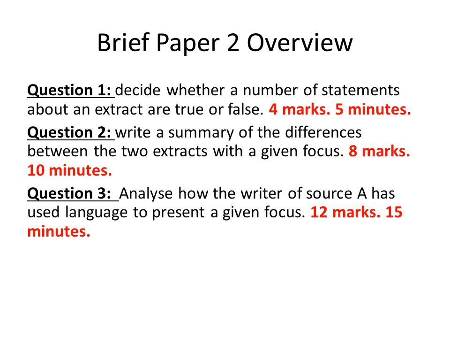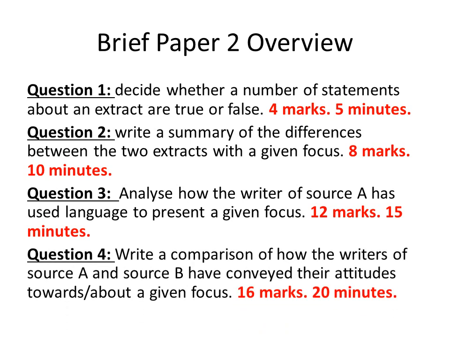Question 3 is the language analysis question, and this is a great question. You'll be asked to focus on just one of the sources, and you'll have to write down how the writer of that source has used language to convey or present a given focus. It's worth 12 marks and you spend about 15 minutes on that one.